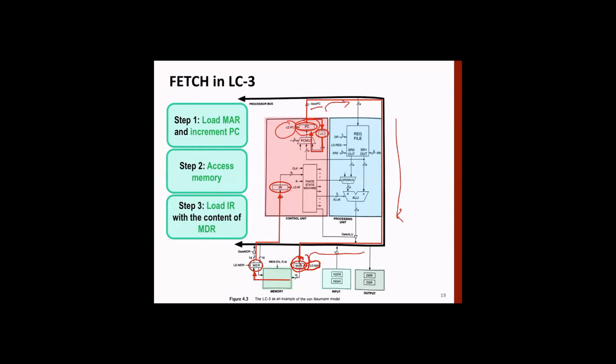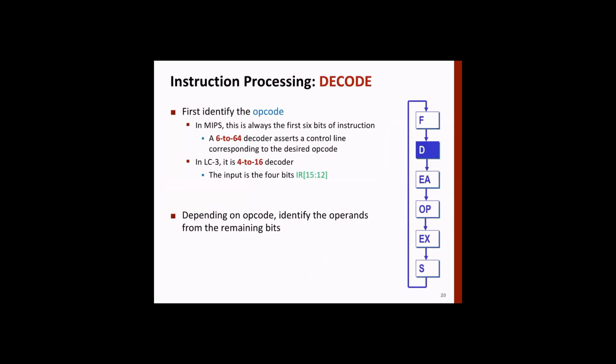Now this is step number 1. It means the instruction is available in the instruction register, which is part of the control unit. What is the next step? Once we have the instruction, we have to decode it.